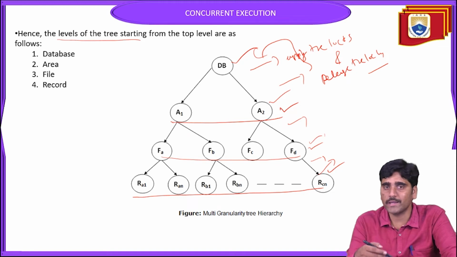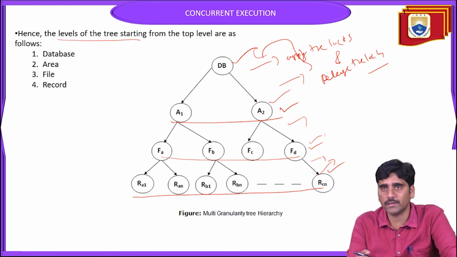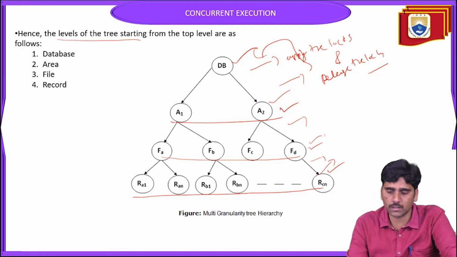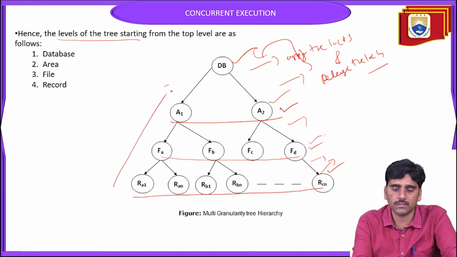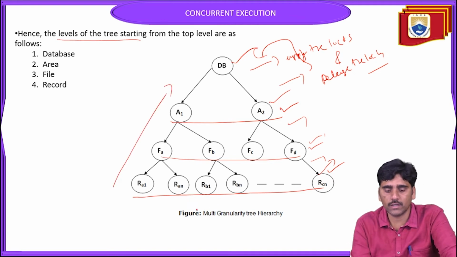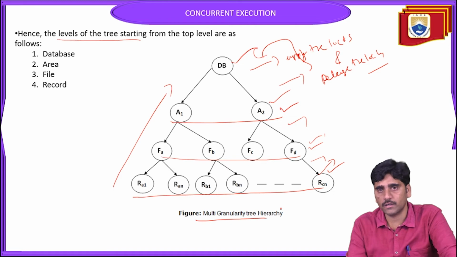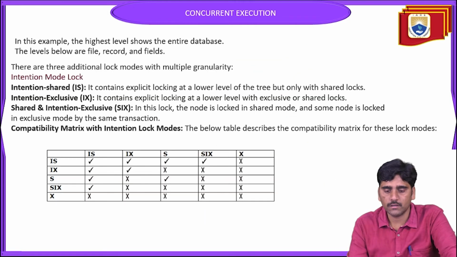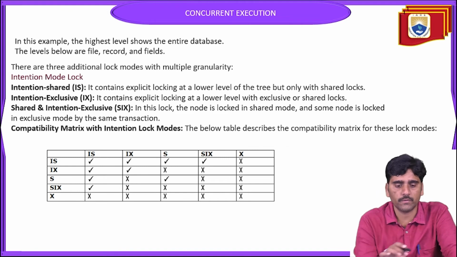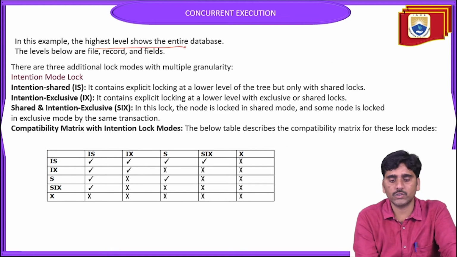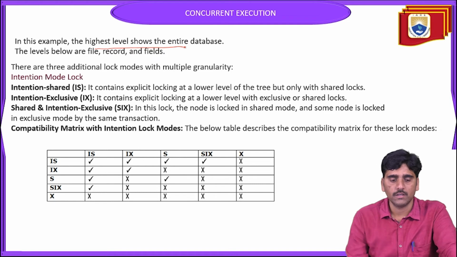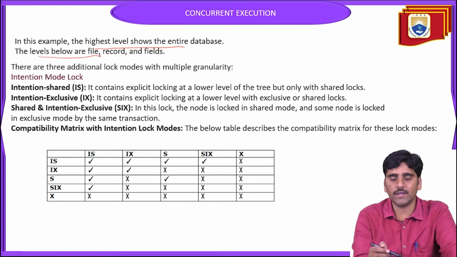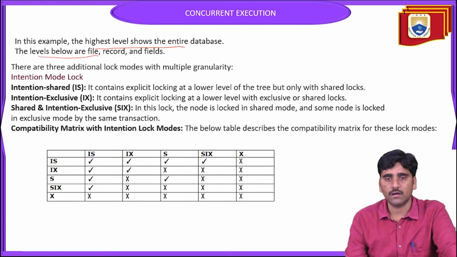Applying and releasing locks across this hierarchy is called multi-granularity. In this example, the highest level shows the entire database, and the levels below are file, record, and fields.